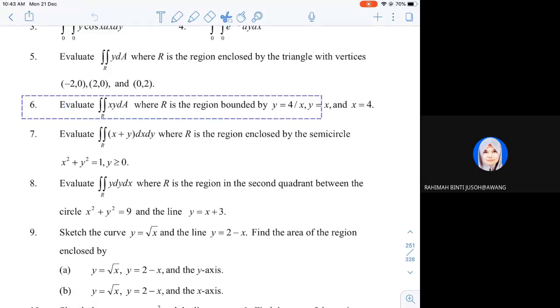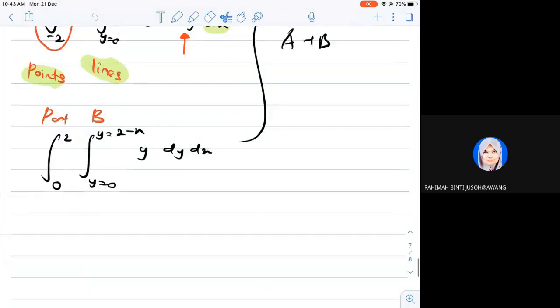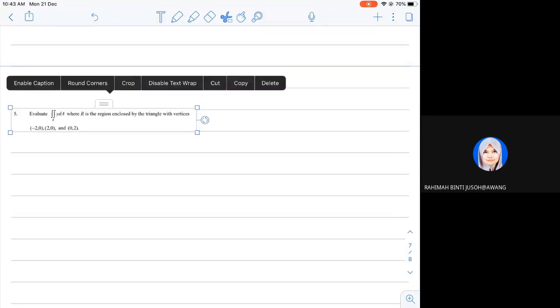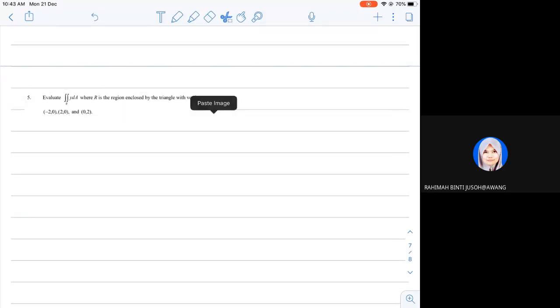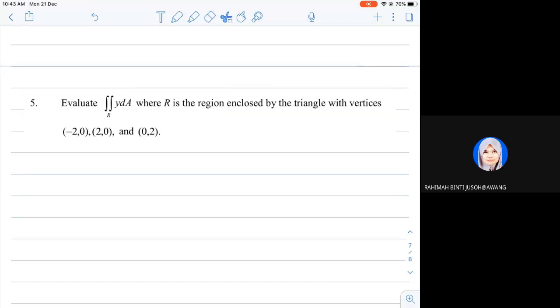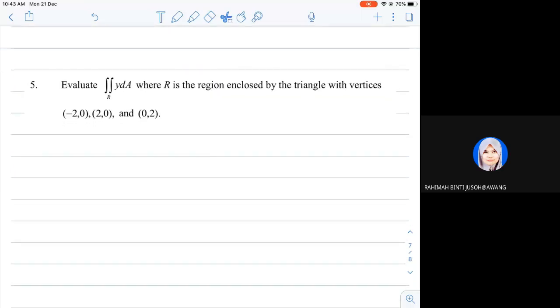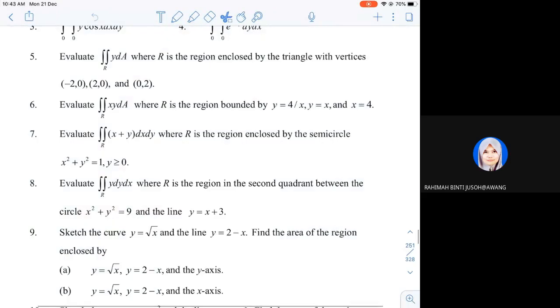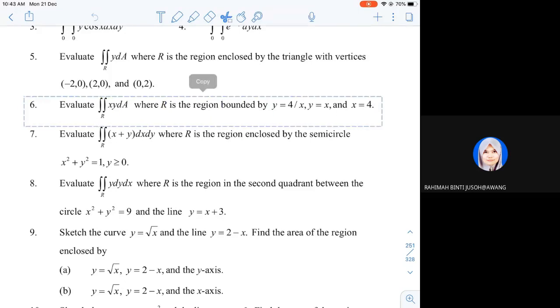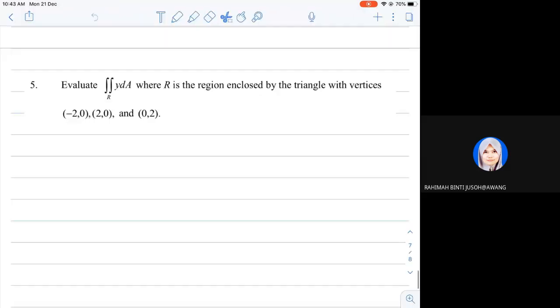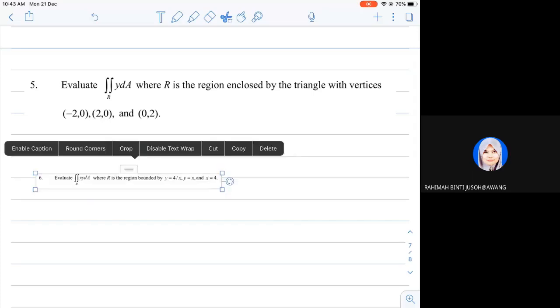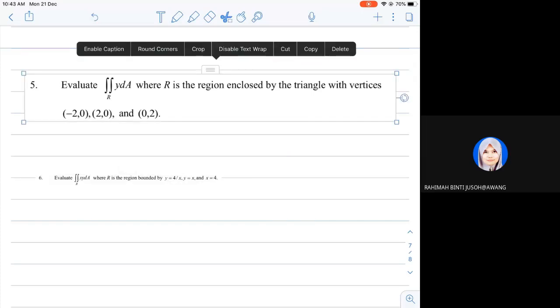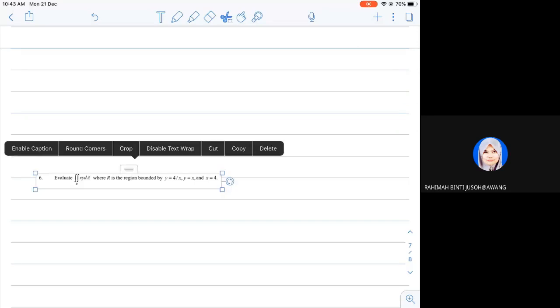Number 5 earlier was simple, just the function. So let us do question number 6.